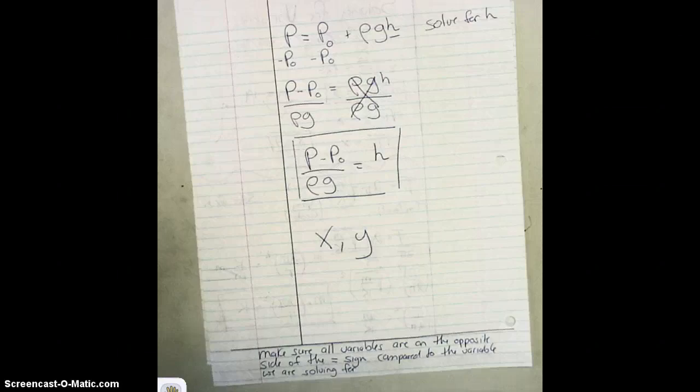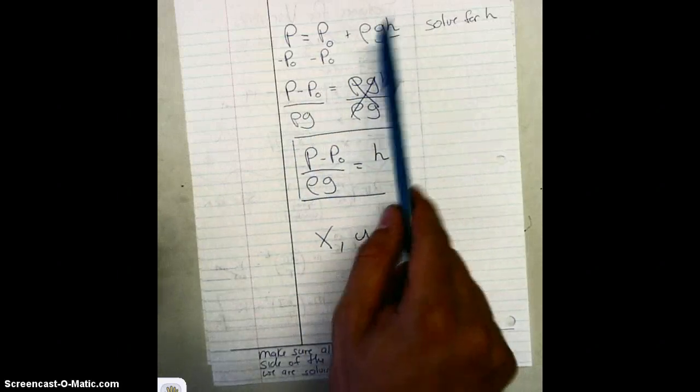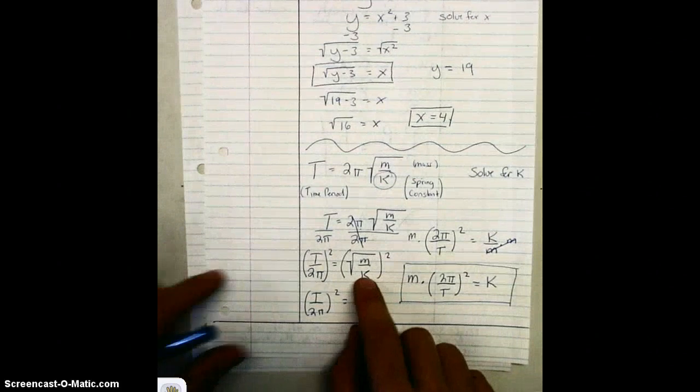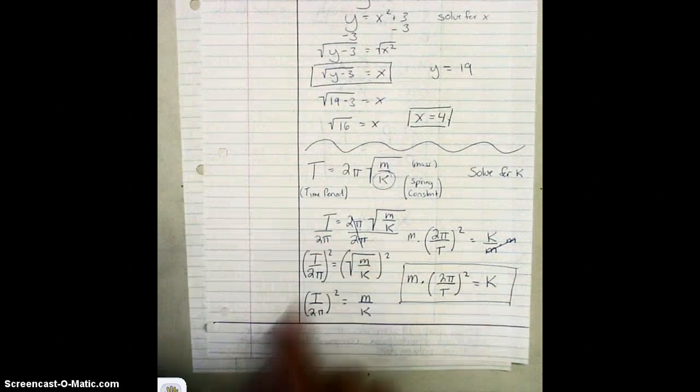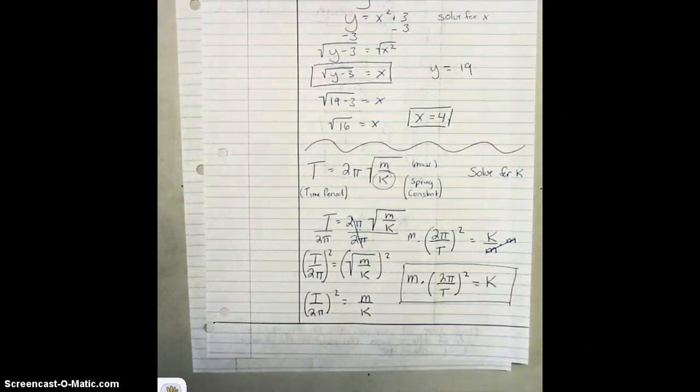I know that in calculus we get a little more than that, but right now we are going to have a lot of variables. I've given you a lot in this lesson already: pressure, gravity, rho, k, m, 2 pi, capital T. So you need to get comfortable with solving for variables, because it is going to encompass a large part of this course. Thank you.